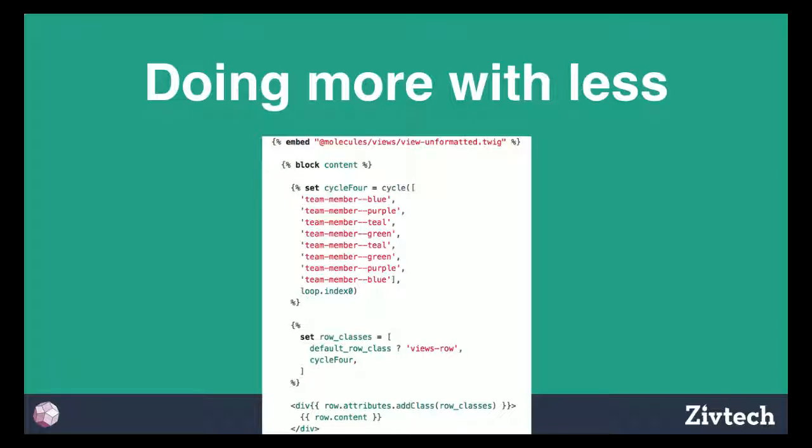And as she prints row.attributes.addClass row classes, this automatically goes team member blue, purple, teal, green, purple, blue, and back around. And so that was able to be done right inside this template, doing a little extend of our default views unformatted, tacking that on and adding these classes dynamically as that loop and rendering happens.